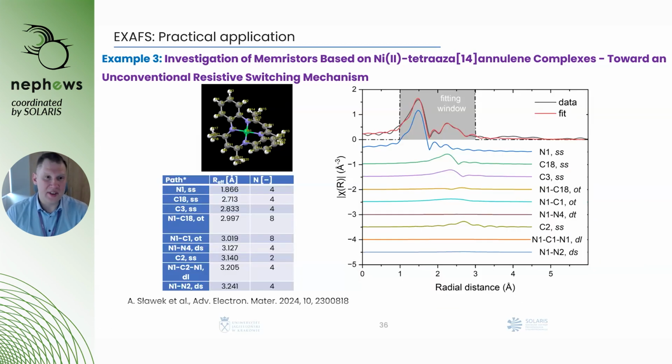And using EXAFS data, the researchers were able to investigate the local structure of nickel in such kind of complexes. For example, they were able to investigate the distances between the nickel atom as an absorber atom and atoms in the first, second, and third coordination shell. And also they were able to investigate the coordination number in these complexes.